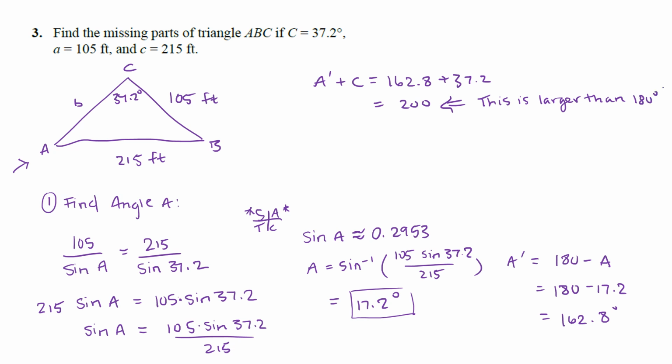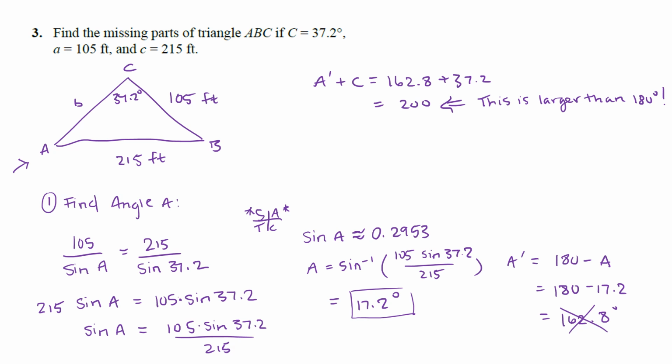And we know, according to the triangle sum theorem, that all the angles within a triangle must equal 180 degrees, which means then, because this is greater than 180, that this value is not possible. So for this triangle ABC, it's not possible to have two triangles.